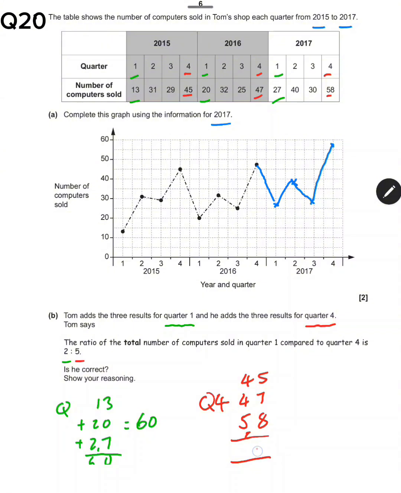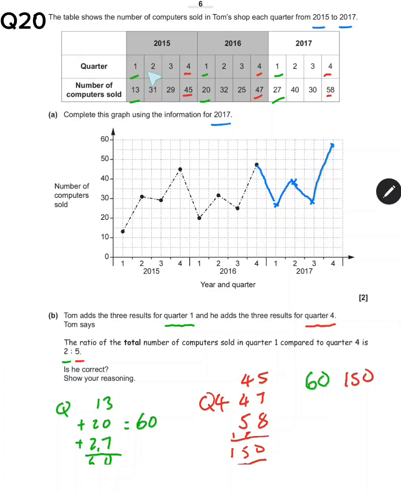Add 8 is 20. And then we've got 4, 8, 9, 10. That would be 15. So what we've got here, Q1 is 60. And Q4 is 150. And we're trying to see if that simplifies to this ratio, 2 to 5.